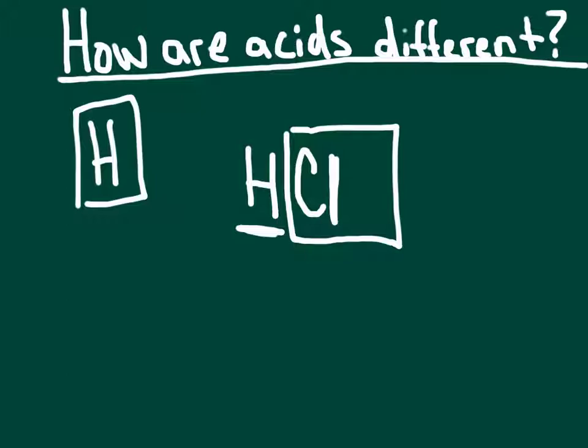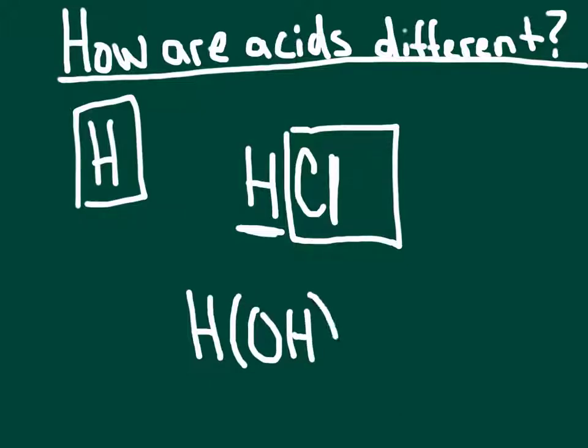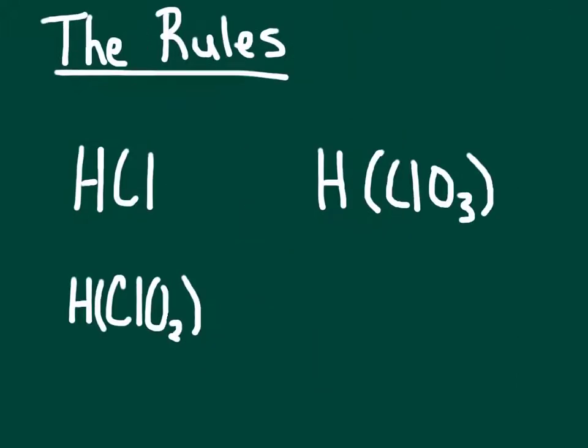If the H is written first, it's probably an acid. Even water can be rewritten because water tends to act like an acid. I mean, HOH is just H2O reorganized. And that's a nice little tip for later. But it boils down to this H. If you see the H in the front, it's an acid, and there's a few different naming rules for acids.